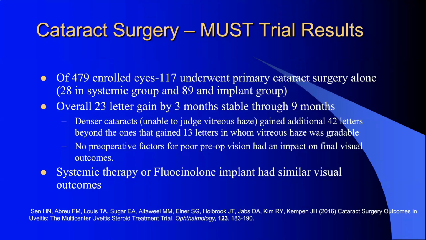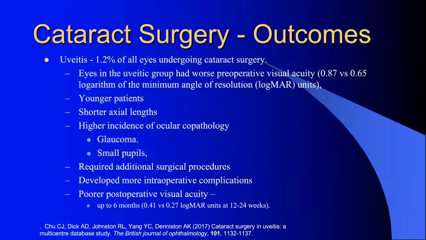No preoperative factors for poor pre-op vision had an impact on final visual outcomes. So systemic therapy or fluocinolone implant both had similar visual outcomes in the MUST trial. If you're on appropriate therapy and getting good control of your inflammation, patients who had good control of inflammation on appropriate chronic immunosuppressive therapy and corticosteroid therapy had good outcomes following cataract surgery.